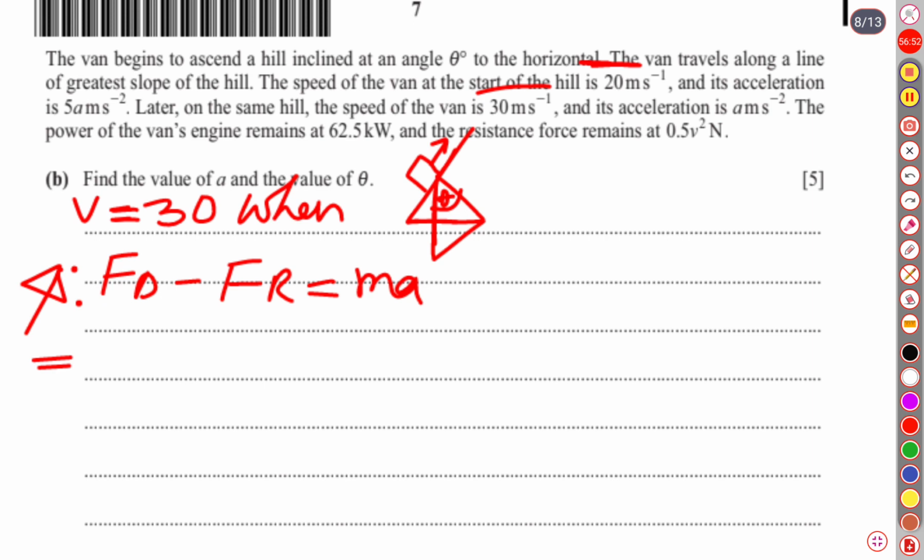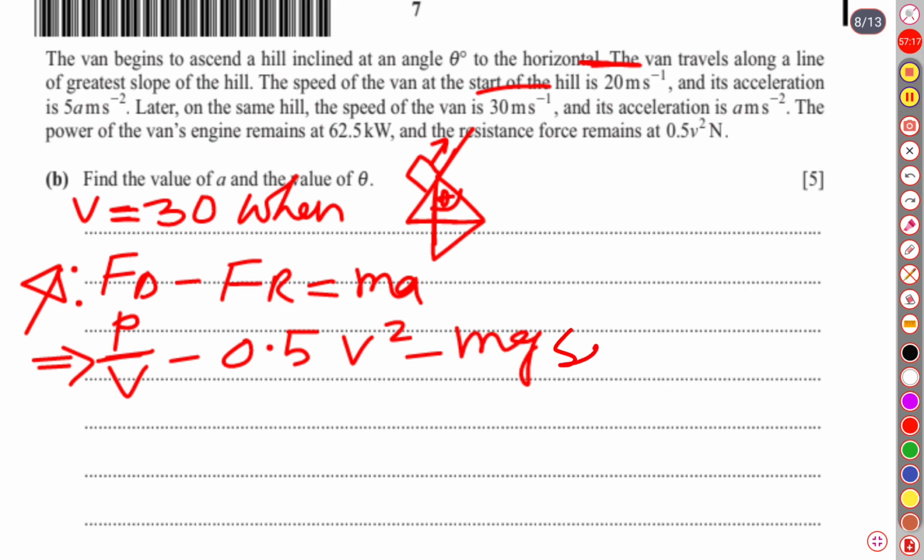So what is the driving force here? Driving force is actually P over V, minus our resistance to motion is given kv square, we haven't forgotten, so it is 0.5 v square, minus, now weight is also causing resistance to motion, minus mg sine theta is equal to mass into acceleration.